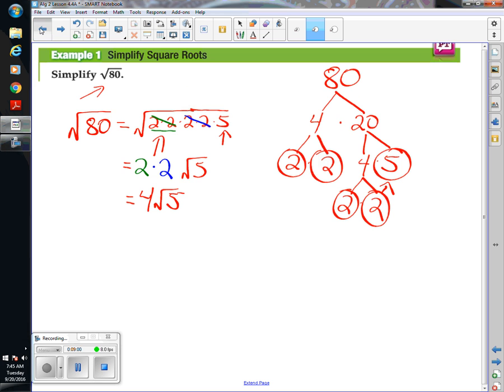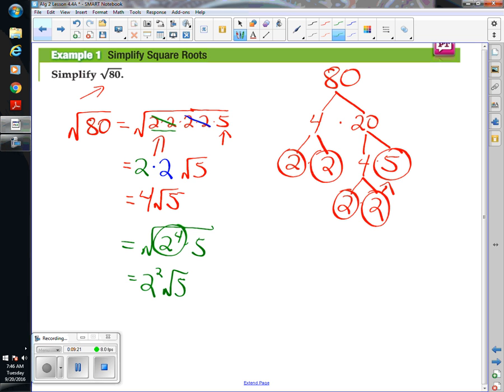I could have rewritten this problem as the square root of 2 to the fourth times 5, and I take this out because it's an even power and half the power. And as you can see, 2 squared is 4. All right? So I'm going to use that trick right over here in this problem.